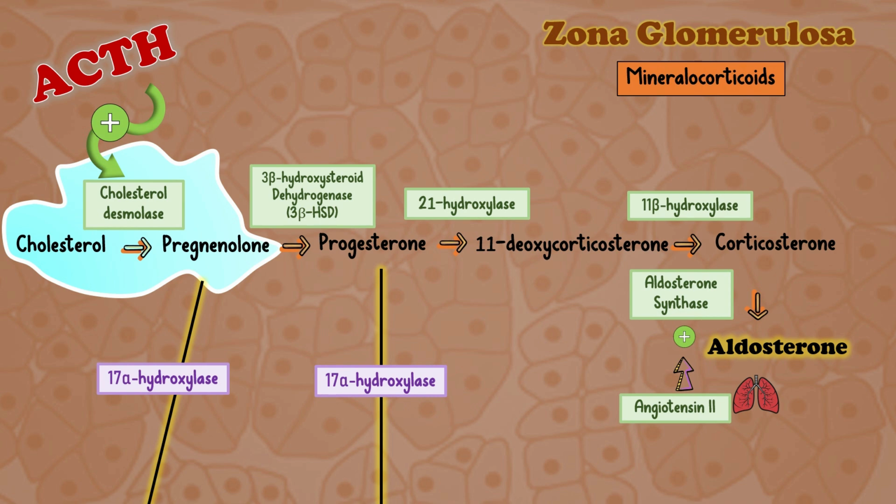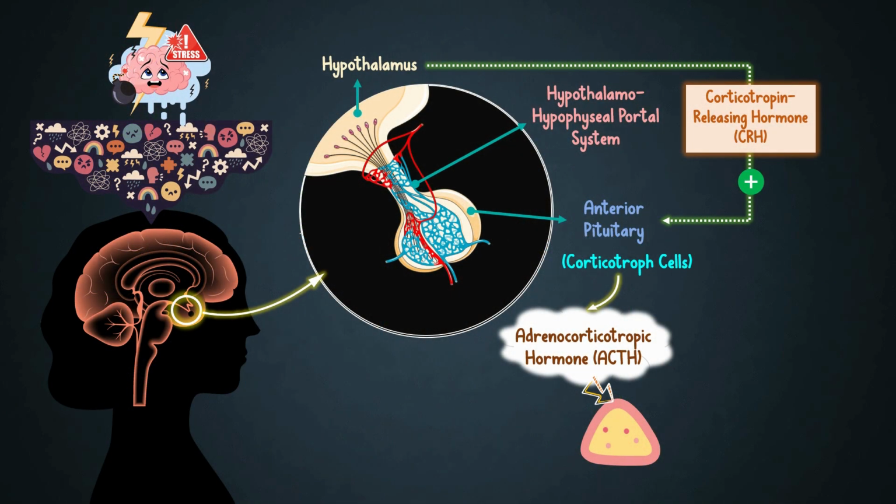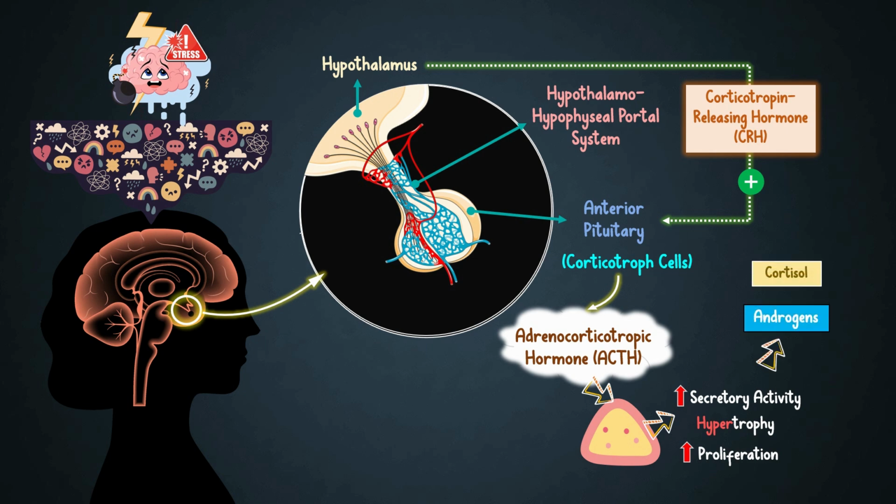Well, long-term stimulation of the adrenal cortex by ACTH not only increases secretory activity, but also causes hypertrophy and proliferation of the adrenocortical cells, especially in the zona fasciculata and zona reticularis, where cortisol and the androgens are secreted.